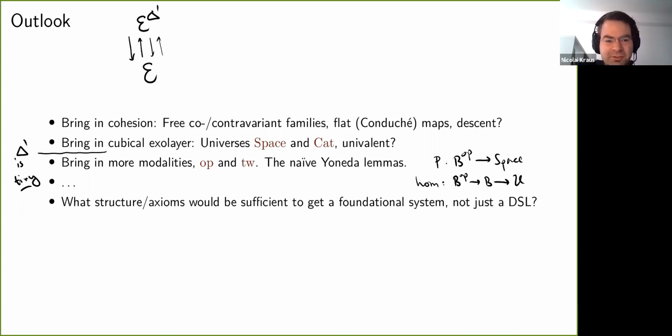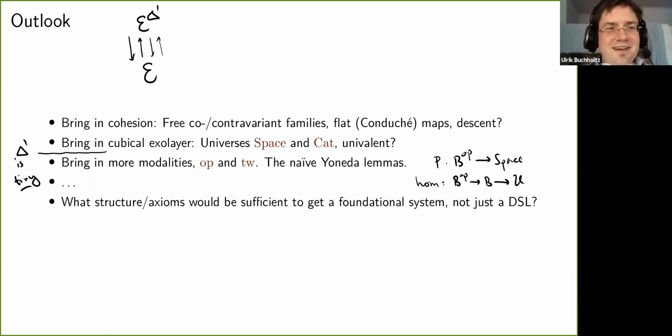So it's still not very clear to me how you distinguish a DSL from a foundational system. I mean, probably this is not a very precise thing, but can you say something more about this? Oh, sure. A foundational system is one where you do all of mathematics, and any statement you translate into the system and you prove it.